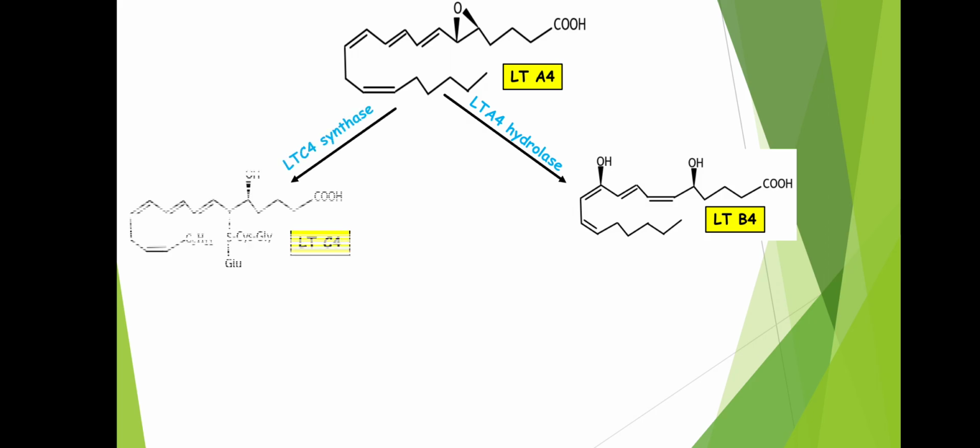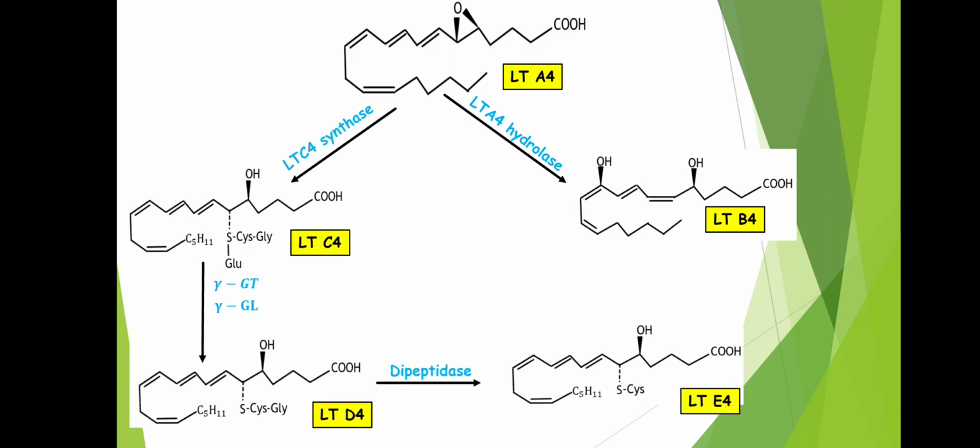Next, this intermediate either gets converted to dihydroxyleukotriene, that is LTB4, by the enzyme LTA4 hydrolase, or it gets conjugated with glutathione to yield leukotriene C4, that is LTC4, which undergoes sequential degradation of the glutathione moiety by peptidase to yield LTD4 and LTE4.